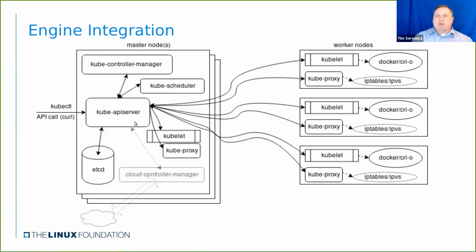It communicates with other agents in this environment, and then communicates out to kubelet on the worker nodes. So we have 3 worker nodes on the right-hand side of the graphic. And then kubelet talks to the engine on the worker node, any node actually, because even on the master node, the API server, the scheduler, and the manager, all of those agents run as pods in the most common flavors of Kubernetes.